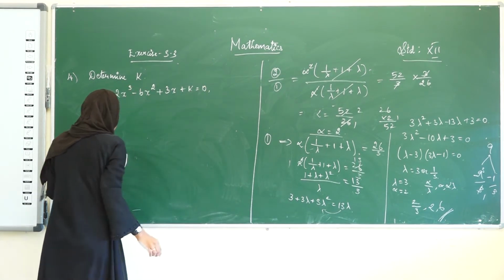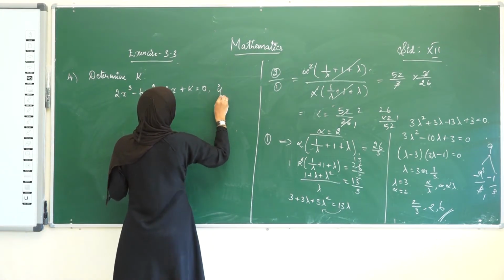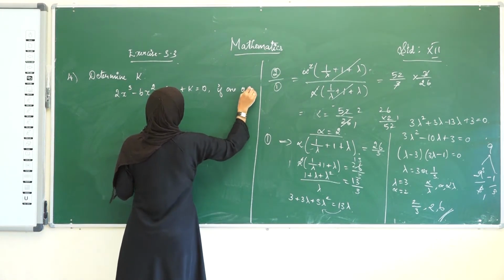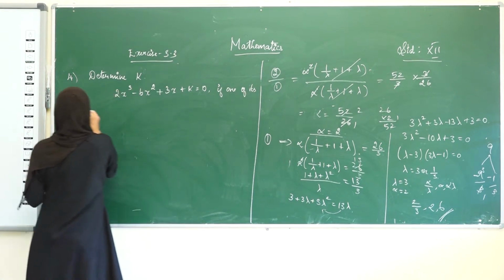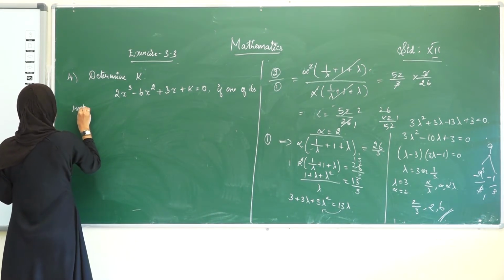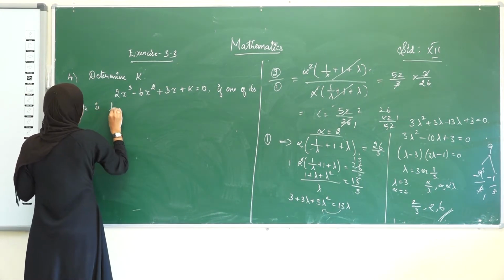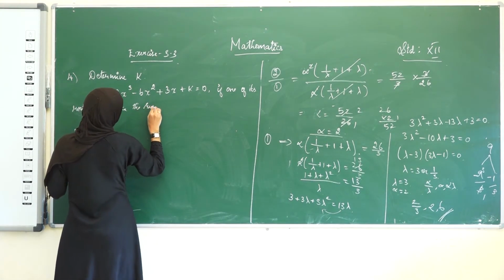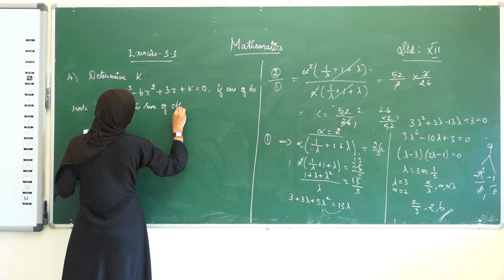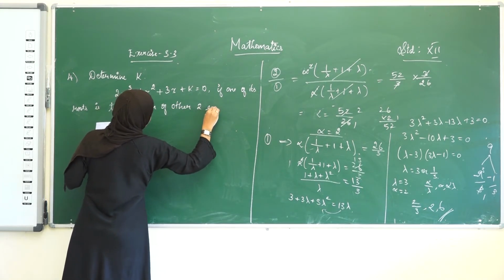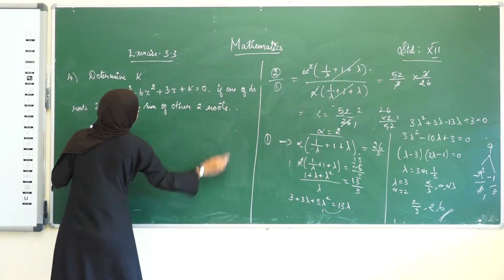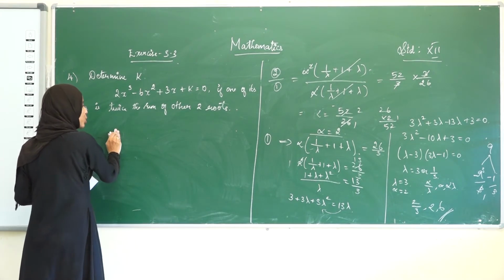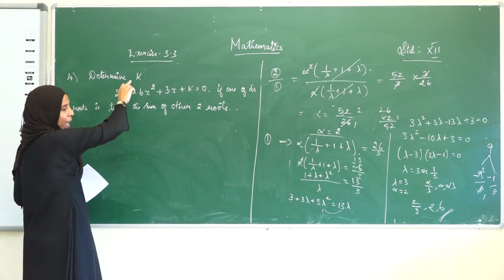They have given a condition that one of its roots is twice the sum of the other two roots. Okay, this is the question. So from this we have to find the 3 roots, and also we have to find the value of k.